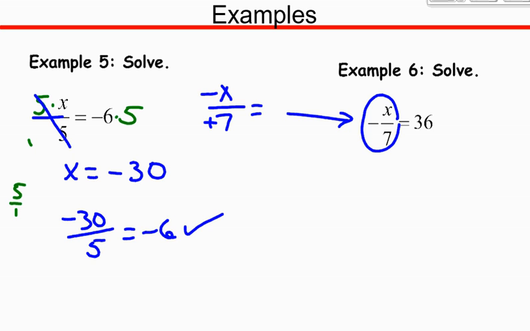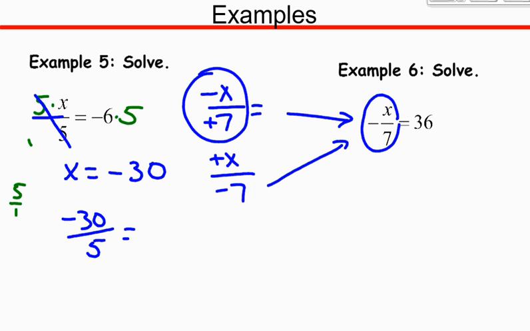What happens if I have the negative on the 7 and the x is positive? Same thing. One's positive, one's negative. It's still going to turn into negative x over 7. Okay, so all of these three things are equal.